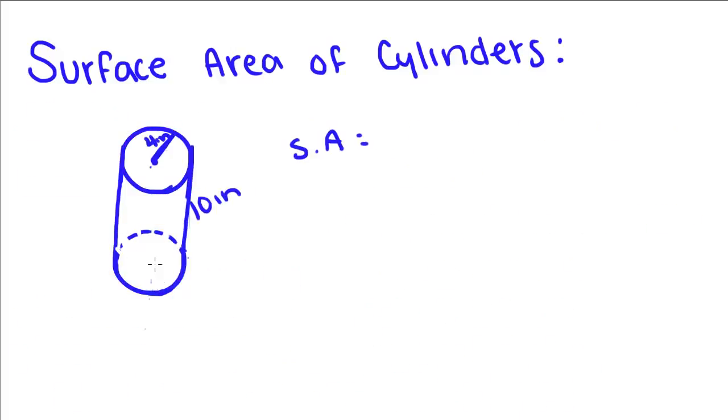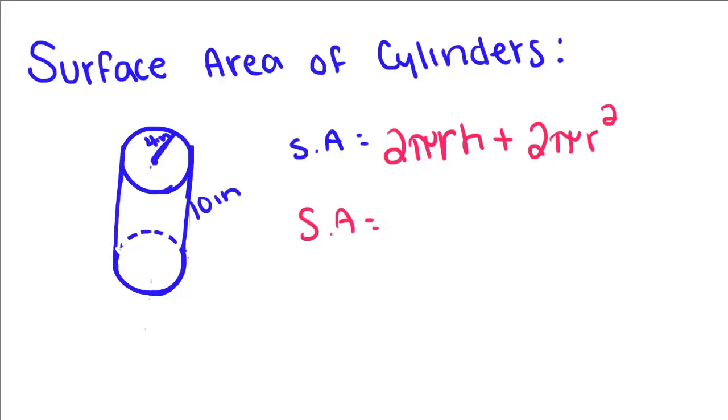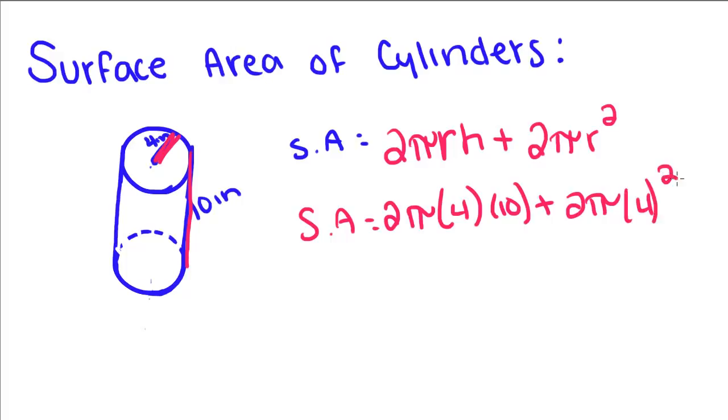So find the surface area. So if you remember, it's 2 pi rh plus 2 pi r squared. So now let's plug things in. 2 pi, the radius is 4, times the height, which is 10, plus 2 pi radius squared.